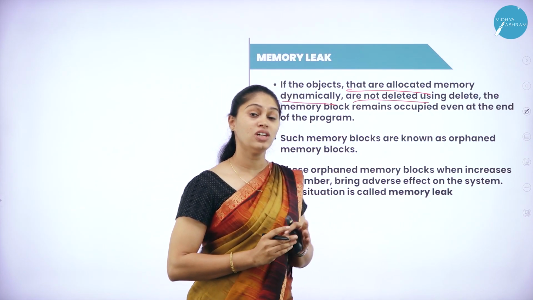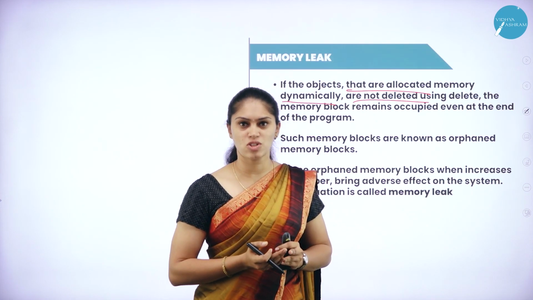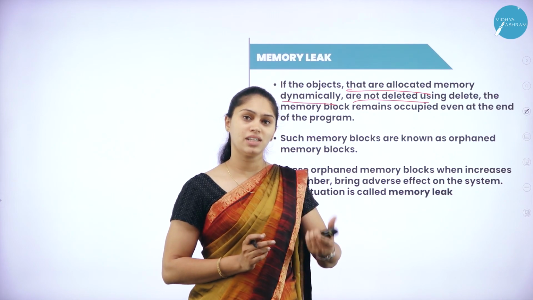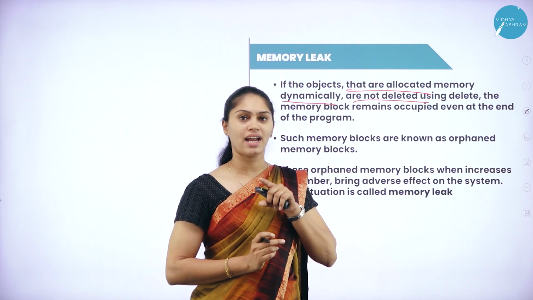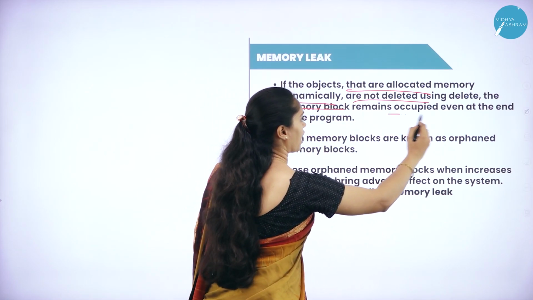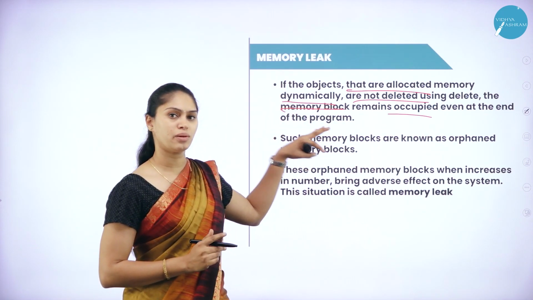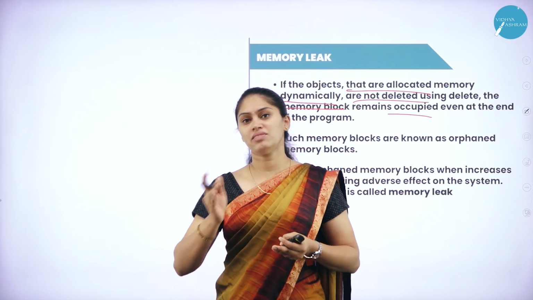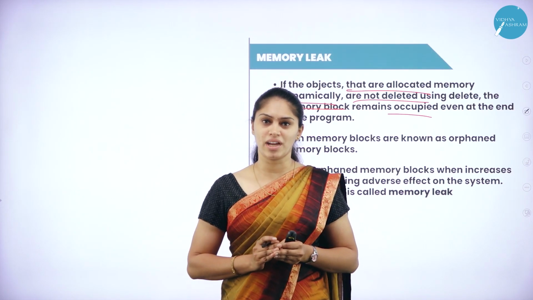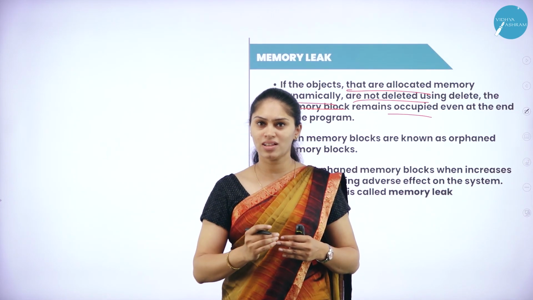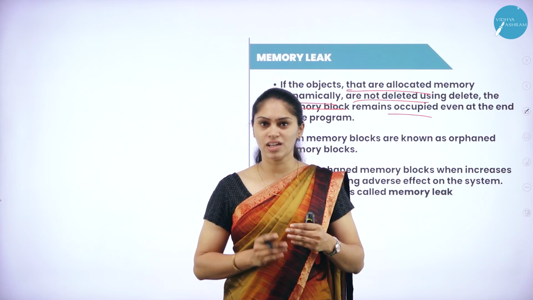In order to deallocate or destroy the object, I have to use the delete keyword when deallocating it dynamically during execution. Otherwise the memory block remains occupied even at the end of the program. I am done with the execution of the program, but I haven't deleted that memory. At that time, what will happen? That memory will remain even at the end of the program.